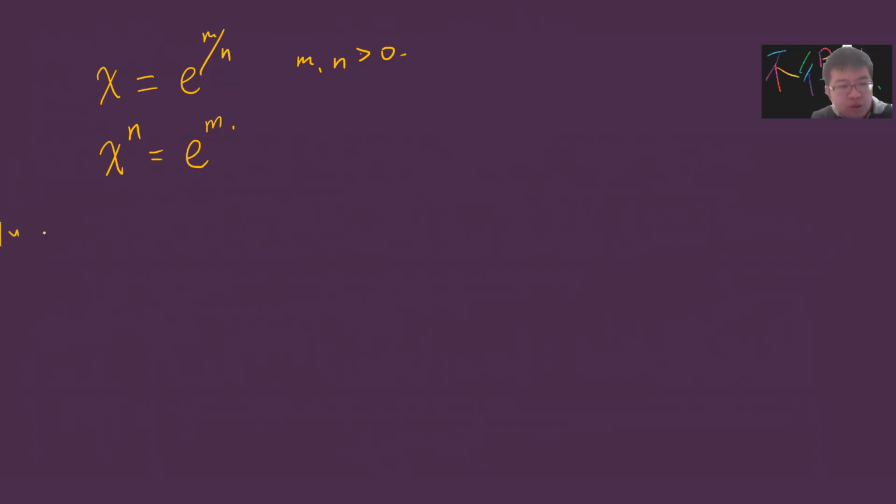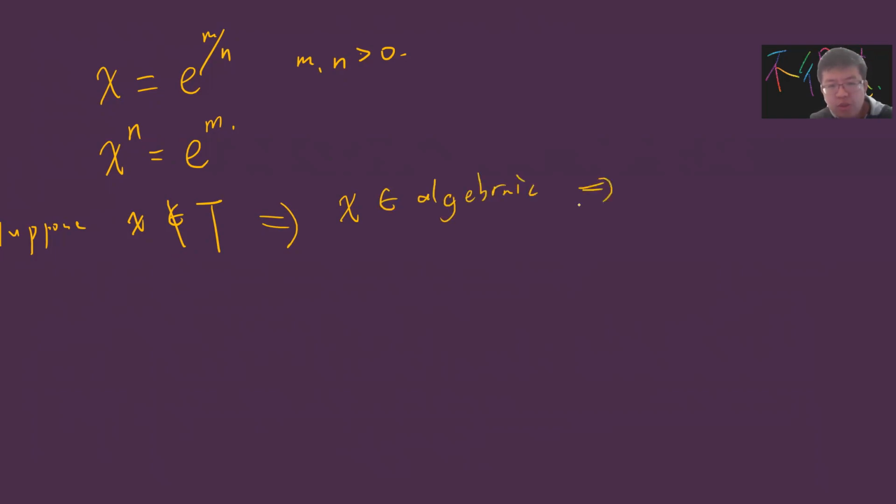Suppose x is not transcendental. That means x is algebraic. And you can easily prove that if x is algebraic, then x to the n is algebraic, which proves that e to the m is algebraic.